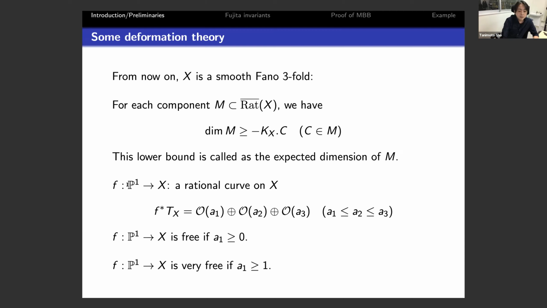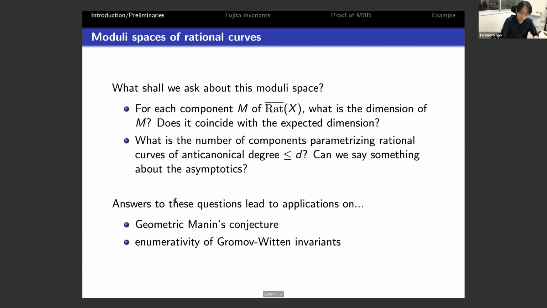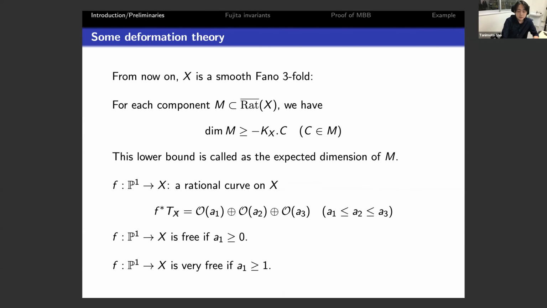Let me recall some definitions of rational curves. Suppose we have a rational curve on X, that means a morphism f from P1 to X. Then the pullback of the tangent bundle is locally free over P1, so it splits and can be expressed as a direct sum of line bundles. You can have some integers a1, a2, a3 with a1 less than or equal to a2 less than or equal to a3, and f star T_X is given by this direct sum.